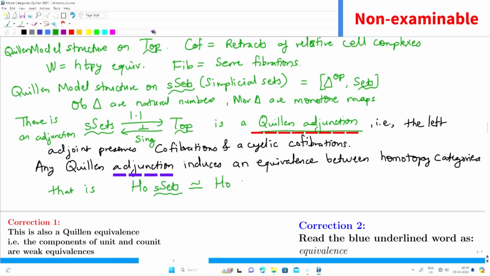My main point is that the homotopy category of topological spaces is equivalent to the homotopy category of simplicial sets. There is something very deep called the homotopy hypothesis. It's a hypothesis, not a theorem.